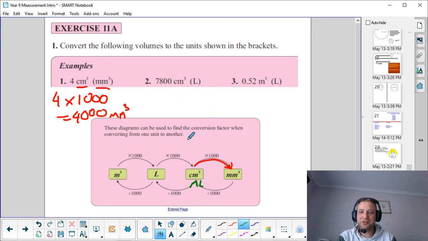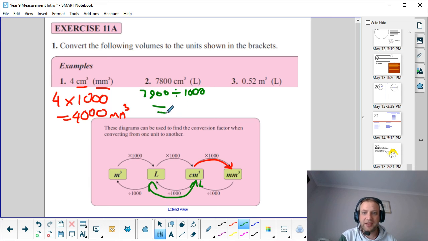But we'll just follow our flowchart to go from the centimeter cubed section to the liter section, right? Going from this to that, we're going in this direction here, which means we're going to be dividing by 1,000. So we really just need to go 7,800, divide it by that 1,000 that the flowchart tells us to, and we get 7.8 liters, right? We've got our unit of measurement in our answer. Otherwise, it could be 7.8 anything.